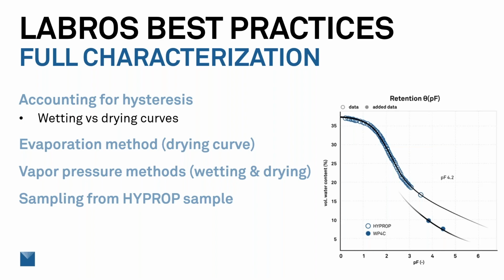But if you want to get the best matching between the two devices to characterize the full soil moisture release curve, you're going to need to try and collect both measurements on a drying curve. And one of the best ways to do that with the HyProp and the WP4C together is to subsample from the HyProp sample and bring that over for making your measurements in the WP4C.